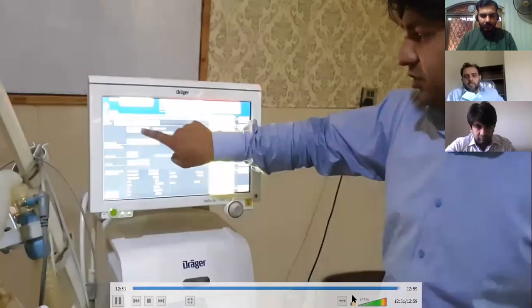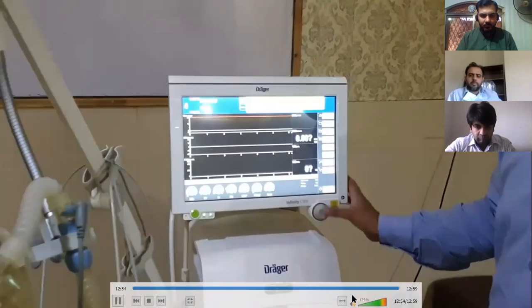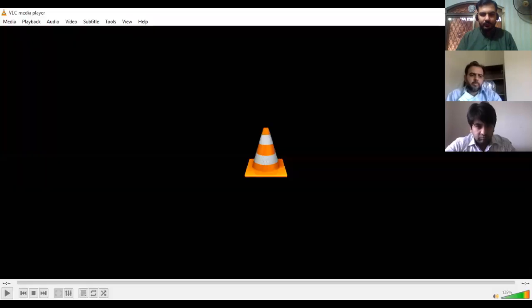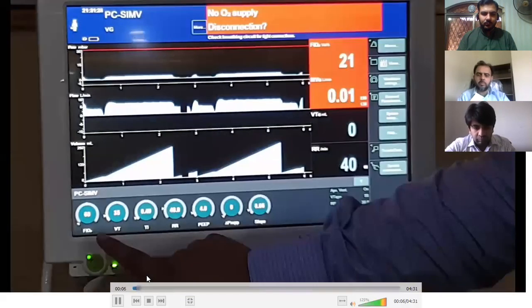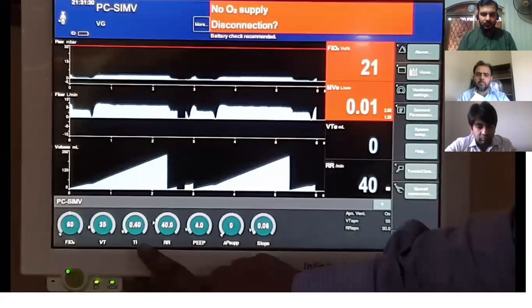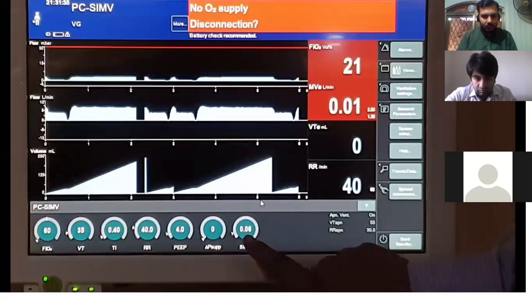So we will push the start button and then click on this knob, and the ventilation will begin. Tidal volume of 35, inspiratory time of 0.4, PEEP of 4, and slope of 0.06.